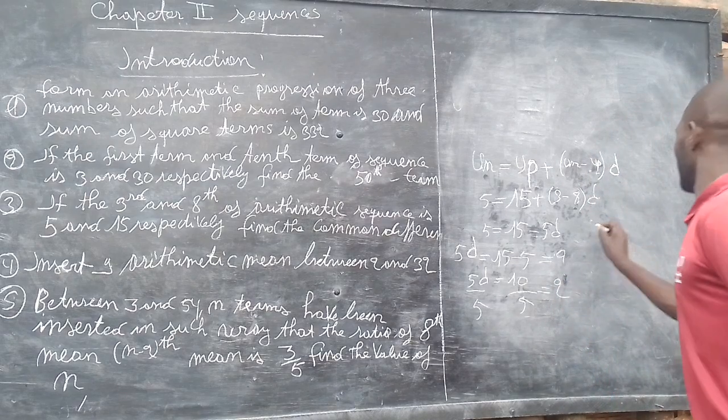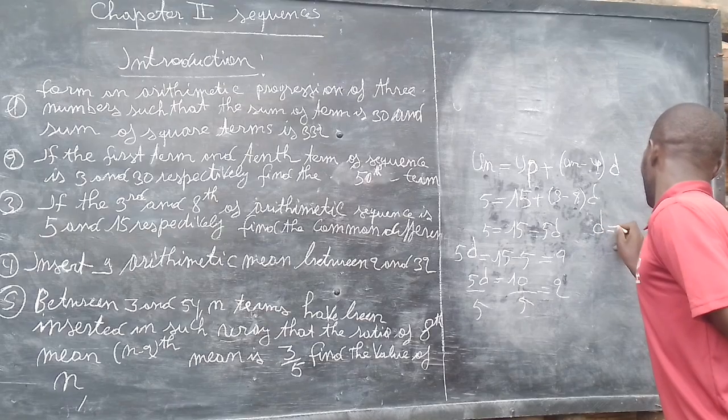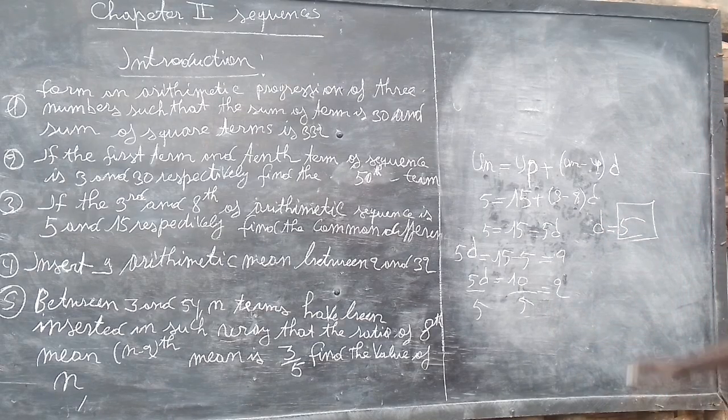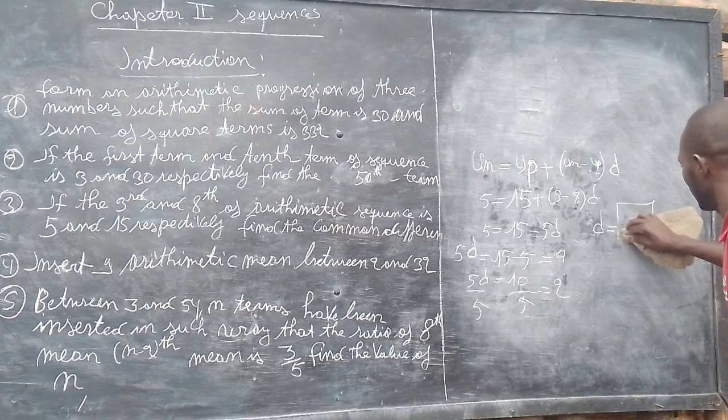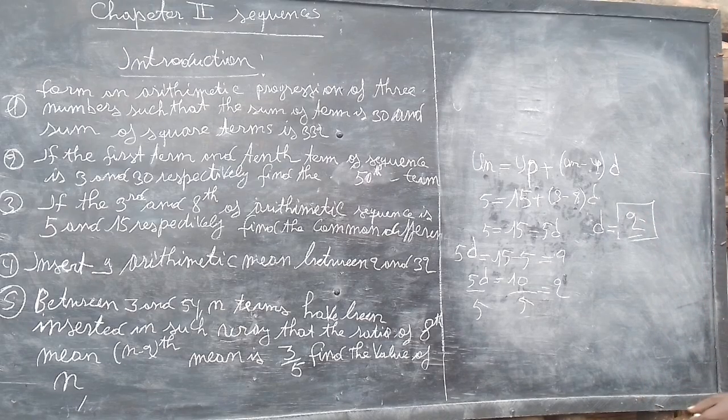Our d here is 2, which is our final answer. That is what we are asked to determine here. It is not 5, it is 2. I have told you that it is not complicated.